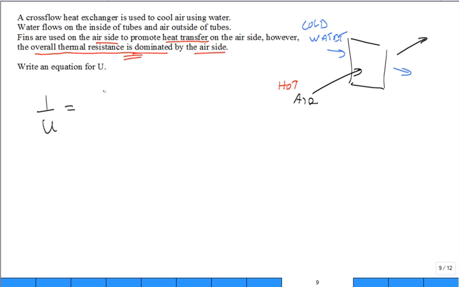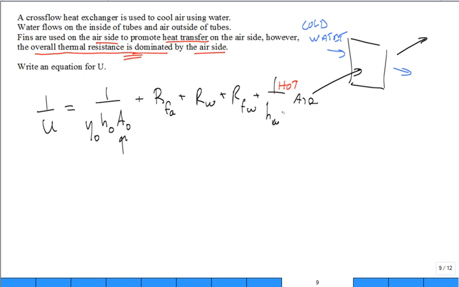You have a resistor 1 over h on, let's say, the air side, times the area on the air side. That's the total finned area. This is the convection coefficient, and you have some overall efficiency. Then you have some resistance due to fouling, if you had it. You'd have some resistance due to the wall, resistance due to fouling on the water side. This is the air side, water side, plus 1 over h on the water side. Let's say it's inside: h inside, area inside.